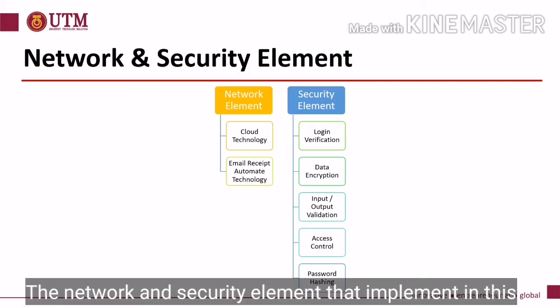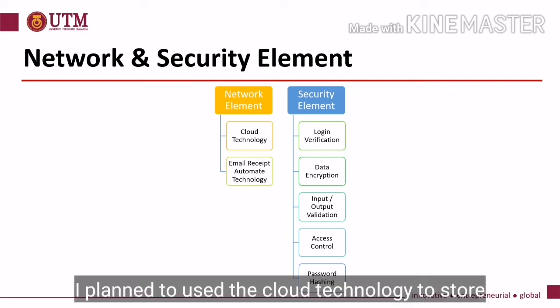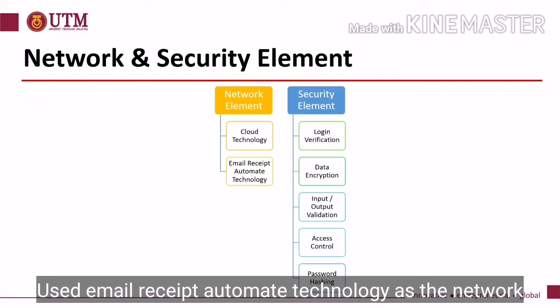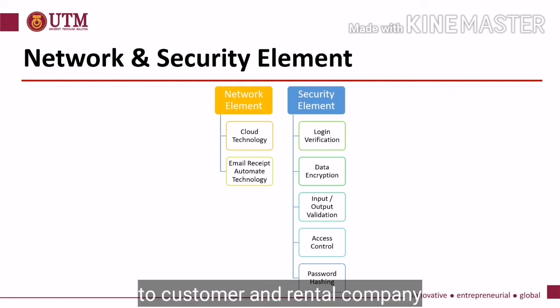Network and security elements that are implemented in this application. I plan to use cloud technology to store all the information of renting company and customer, and use email receipt automation technology as the network element to automate the process of sending e-receipts to customer and renter.